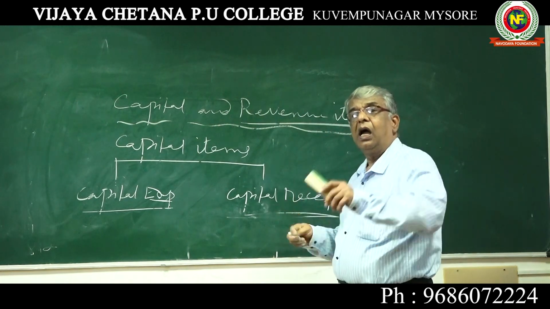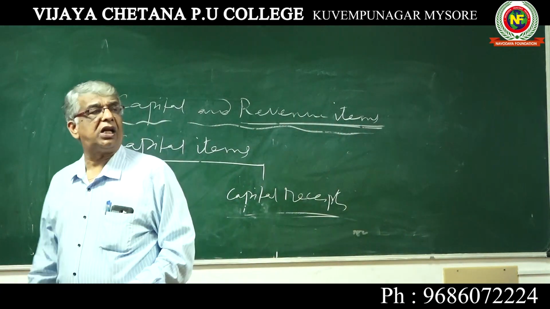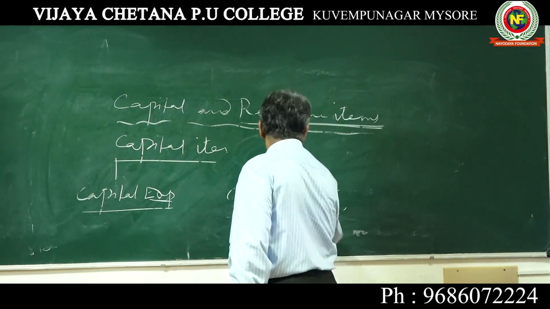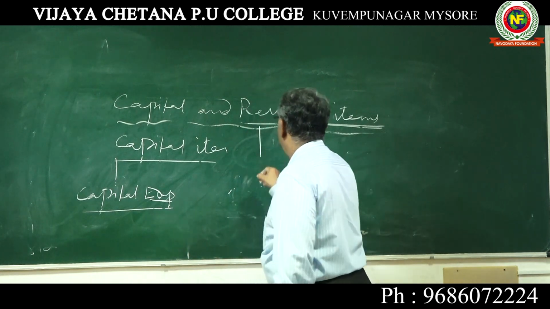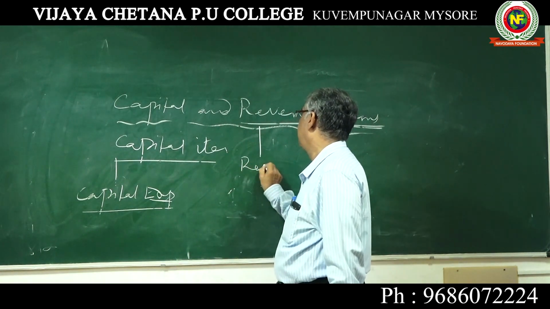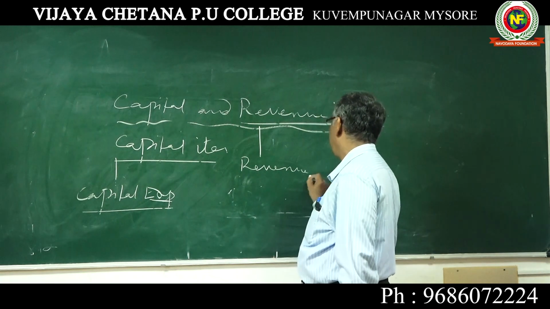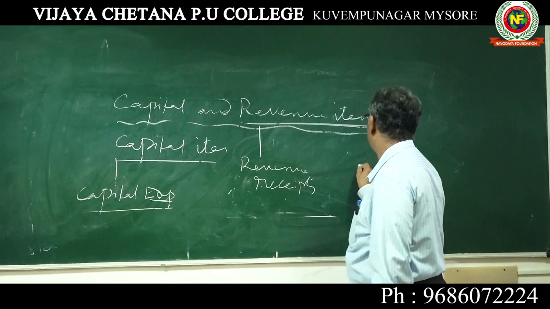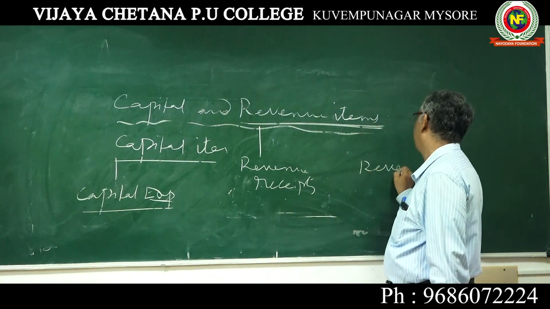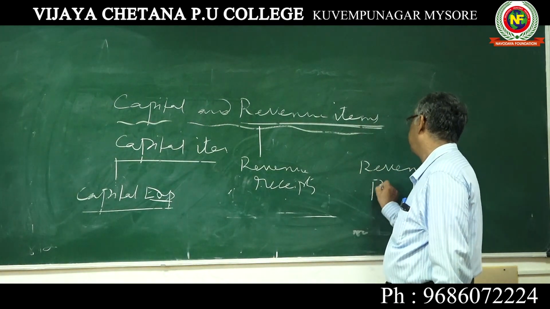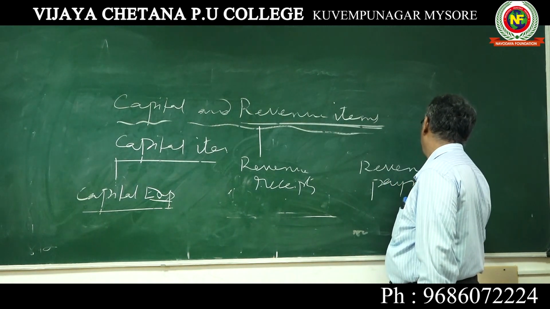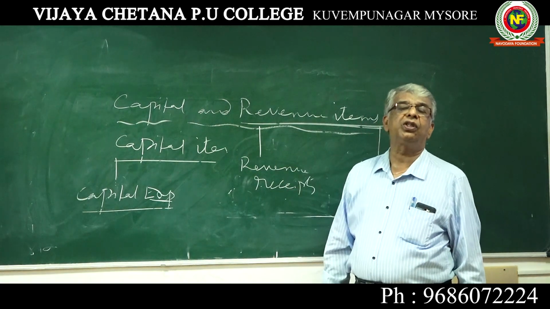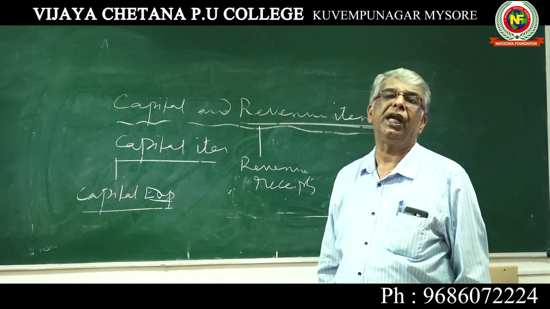Again, these revenue items may be broadly classified into two types. They are revenue receipts and revenue payments. Revenue receipts are those receipts which are recurring in nature.